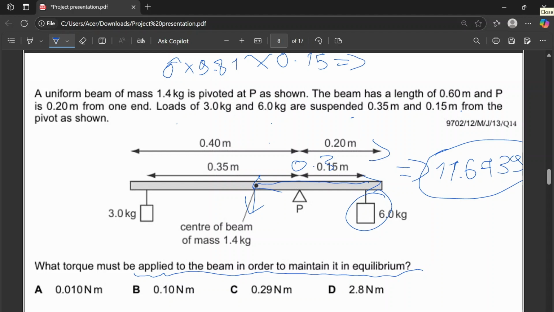So 6 times 9.81 times 0.15. The other side is 8.829. So there, as you can see in our diagram, is how much force we need to apply to make it be in equilibrium.